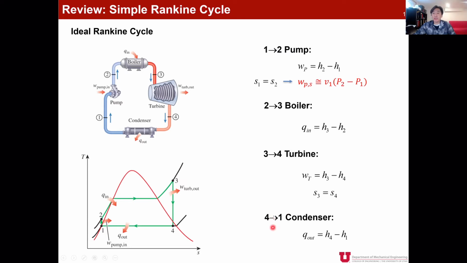In the last process, the condensing process, we can calculate the amount of heat rejection from h4 and h1. So by looking at those equations, the conclusion is that you have to focus on getting the enthalpy values for every point of your Rankine cycle.